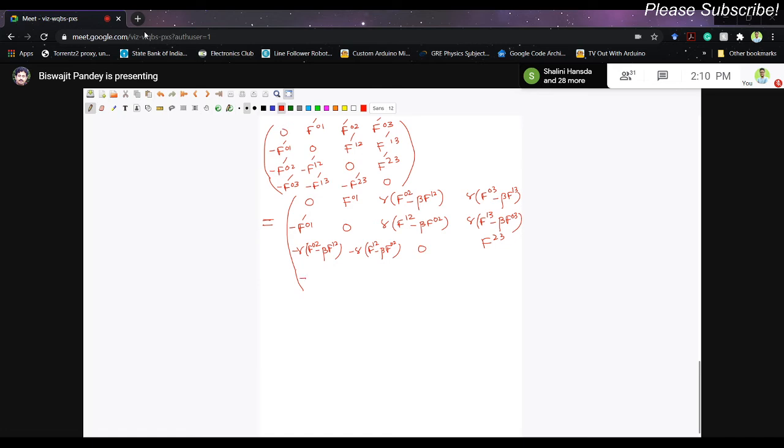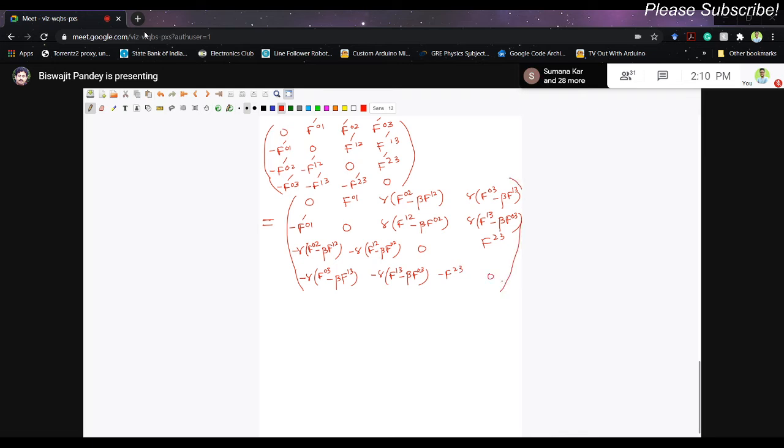And the last row, gamma f03. Again it's an antisymmetric matrix, so I can write f30 equal to f03, beta f13. Second will be minus of gamma f13 minus beta f03. This will be again f23, so the minus of f23, this will be 0.